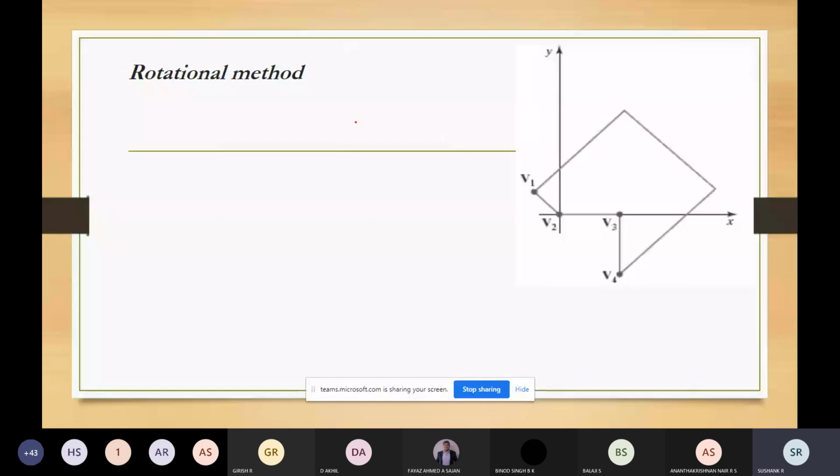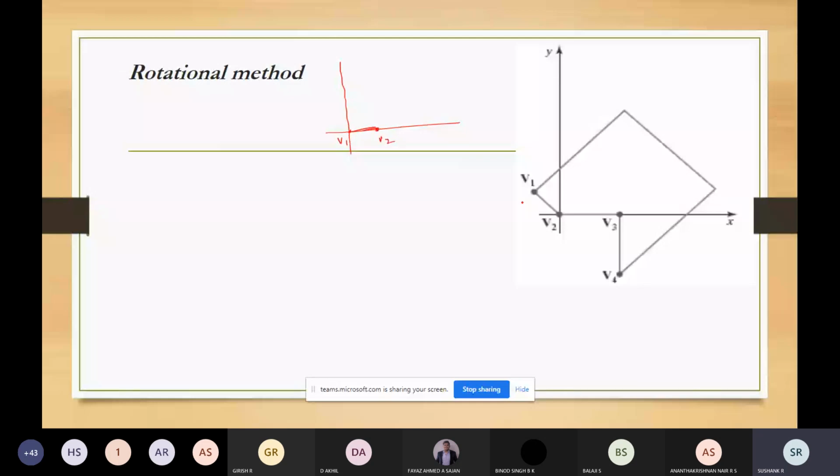In the first case, we'll assume that vertex v1 will be at the origin. If it is at the origin, vertex v2 will be on the x-axis.